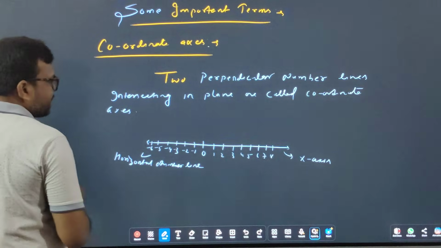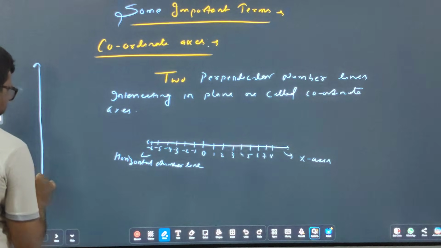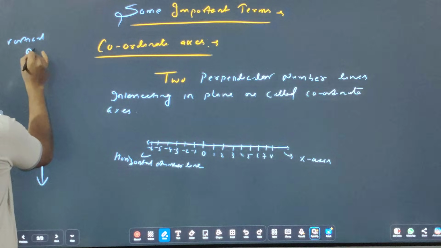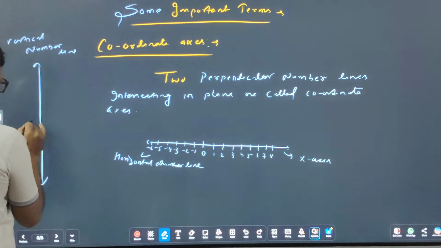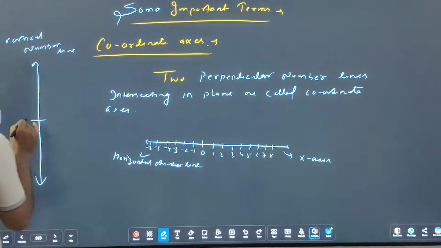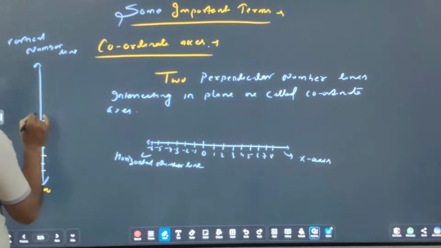Now, vertical number line. This is the vertical number line. It also starts from 0, and at the bottom it goes to the negative side: -1, -2, -3, -4, -5, -6, -7, and so on.